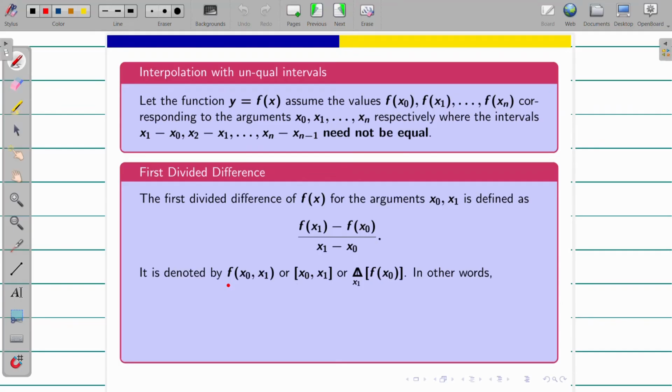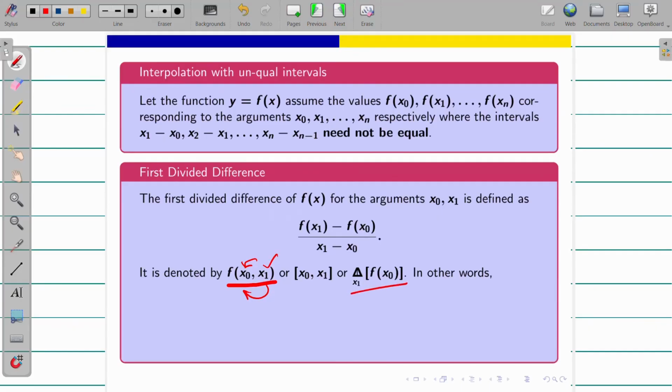We write this as f of x0 comma x1. This is the formula for the first divided difference for two arguments.